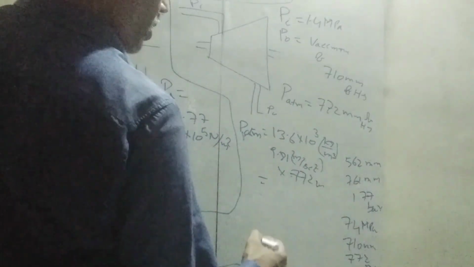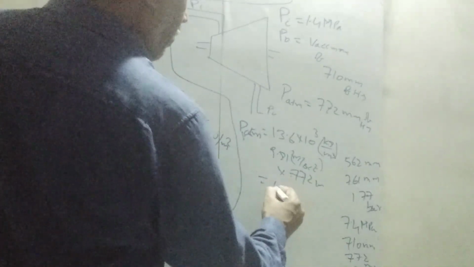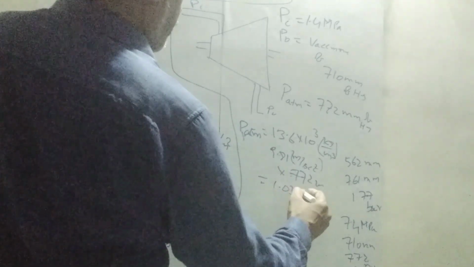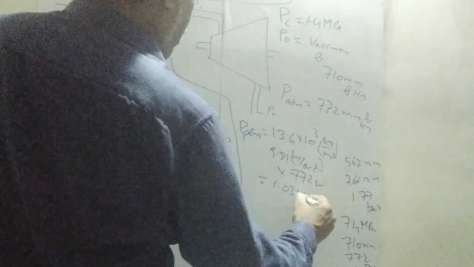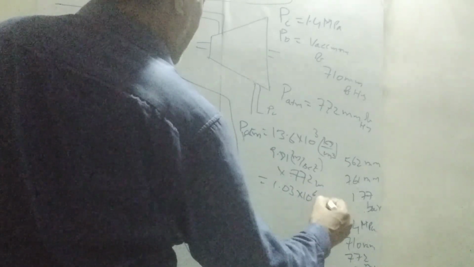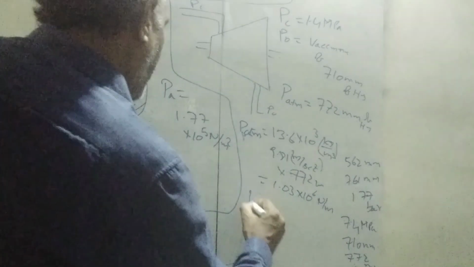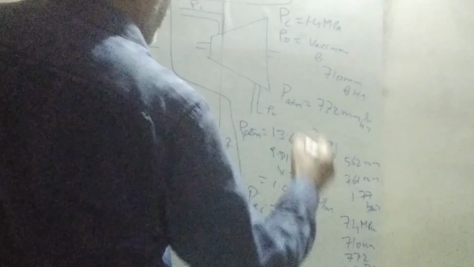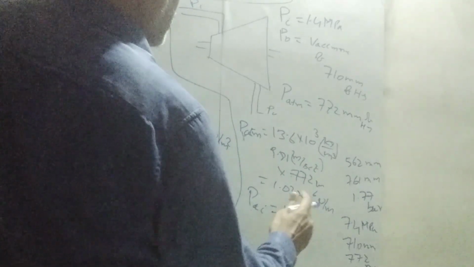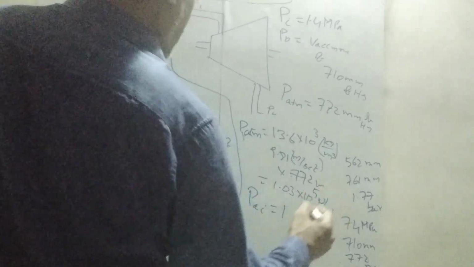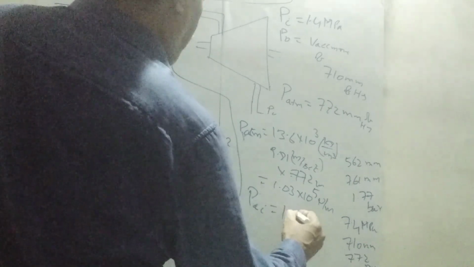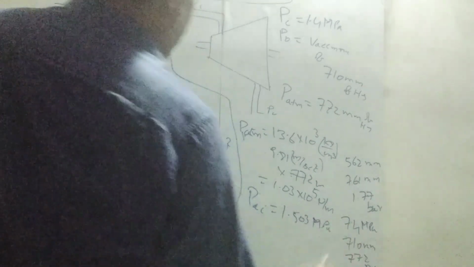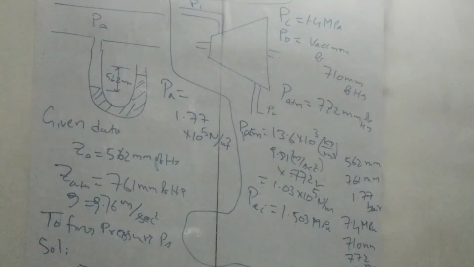This comes to a value of 1.03 into 10 to the power of 5 Newton per meter square. So the absolute inlet pressure is equal to 1.03 plus 1.4, that is, 10 to the power of 5. So this is 1.503 megapascal. This is the absolute inlet pressure that is coming into the turbine.